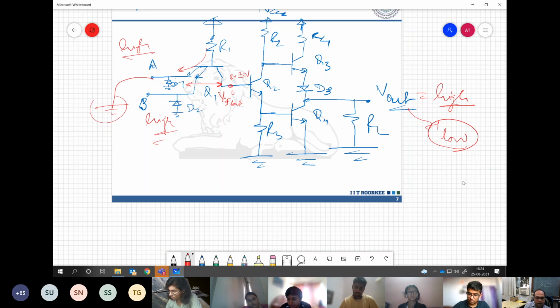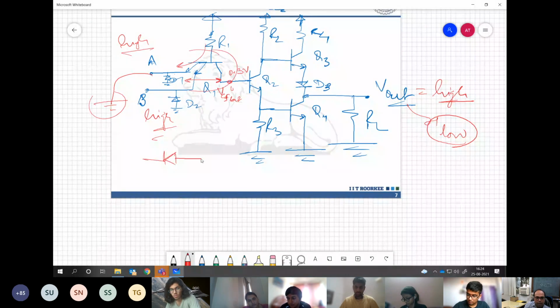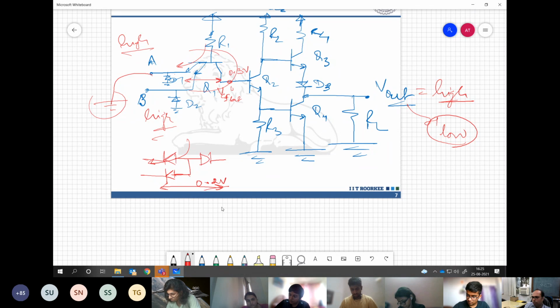Again, you may break this transistor as a combination of diodes like this. Even if one diode is conducting, the moment this transistor comes to its saturation voltage of 0.2 or 0.3 volts, the voltage at this point, at the base of Q2, will become 0.3 volts, which is not sufficient to make it conduct.